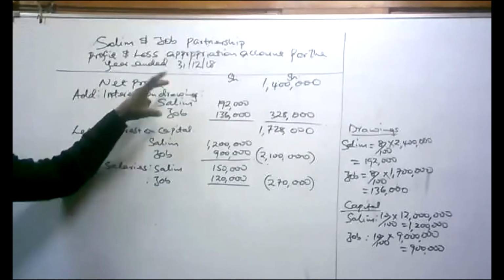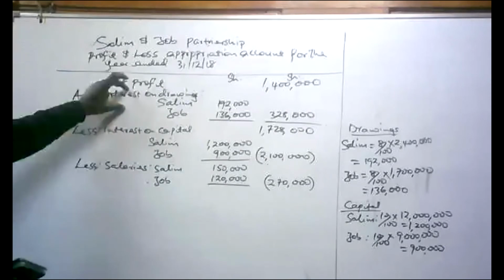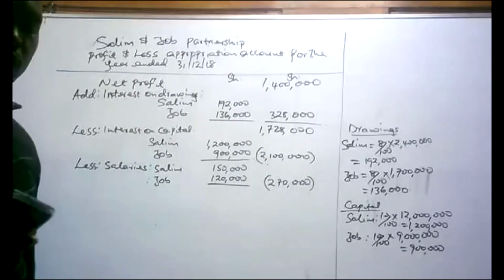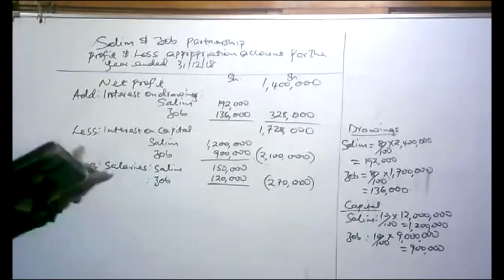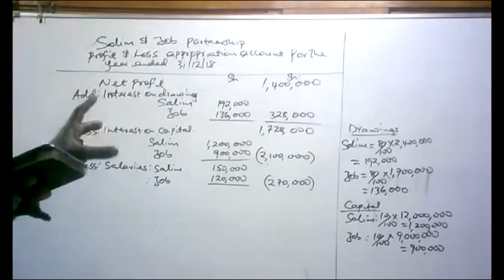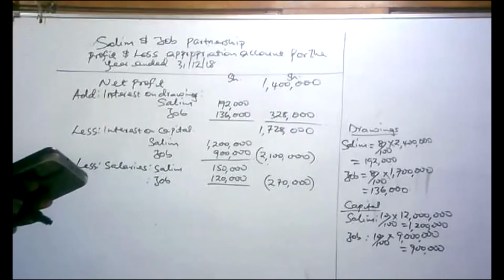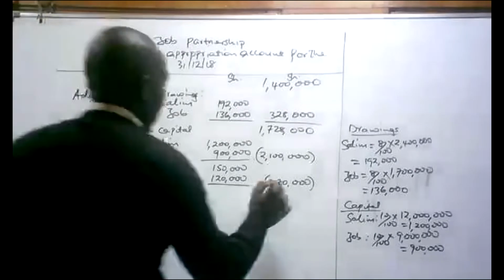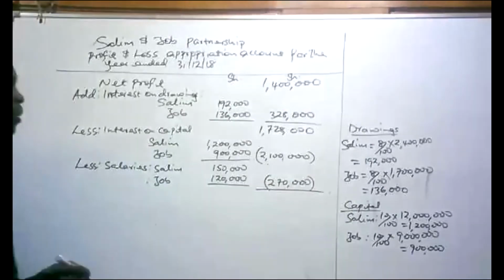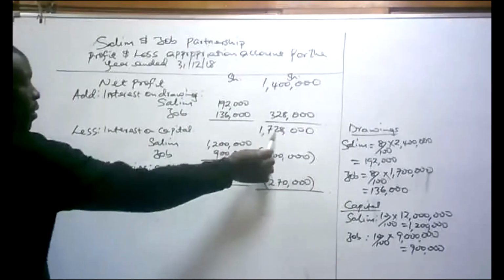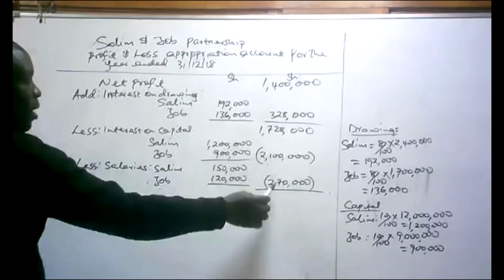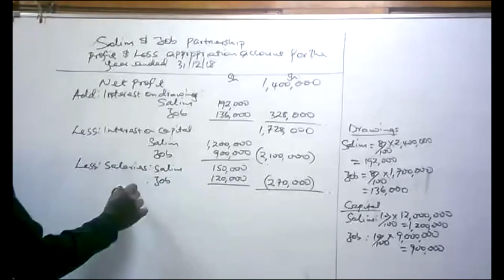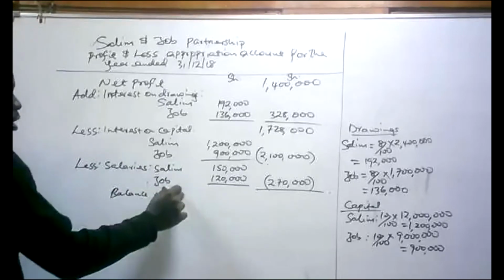We only put either interest on drawings or interest on loan, depending on what you are given. If the loan does not attract any interest, you leave it. So our figure is going to be negative. Can you do 1,728,000 minus 2.1 minus 270 to get the balance to be shared?